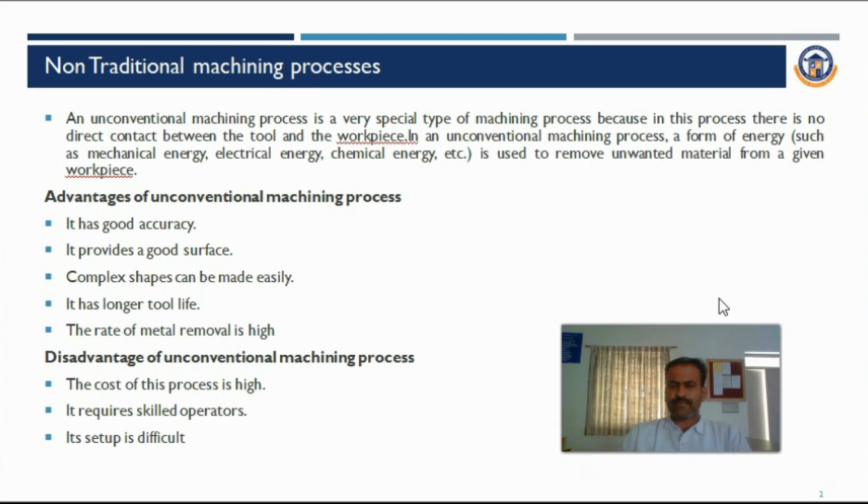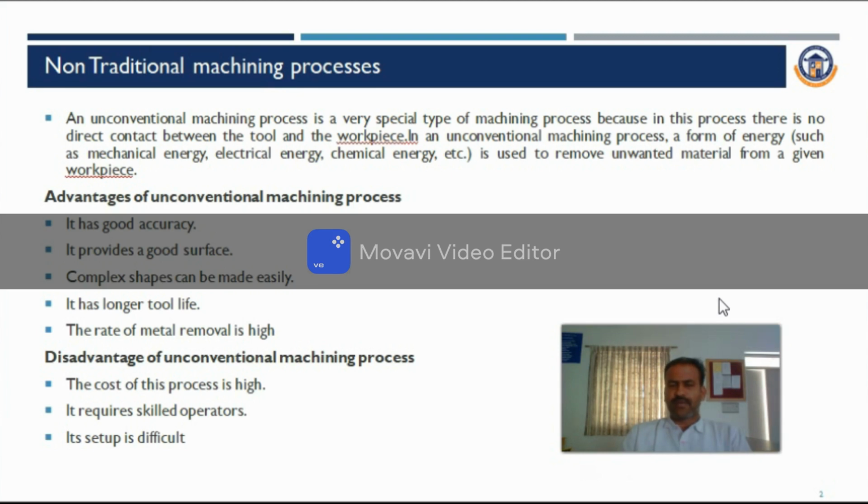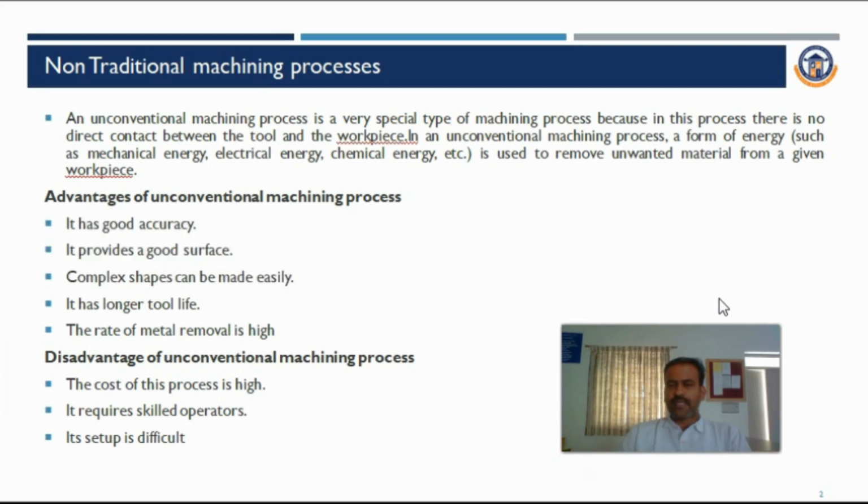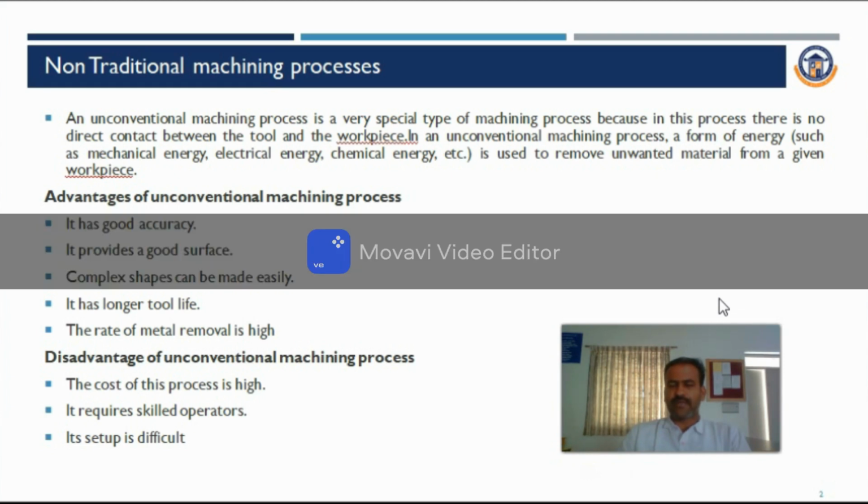Whether the process has started or ended does not matter, the tool and workpiece are in direct contact. In an unconventional machining process, there is no need of contact between the tool and workpiece. In an unconventional machining process, a form of energy such as mechanical, electrical or chemical energy is used to remove the material from a given workpiece. This is called an unconventional machining process.